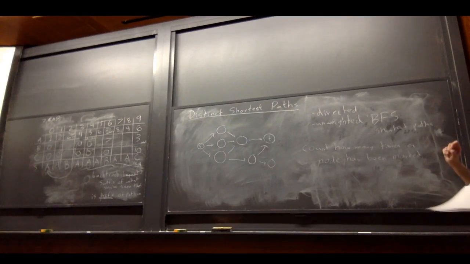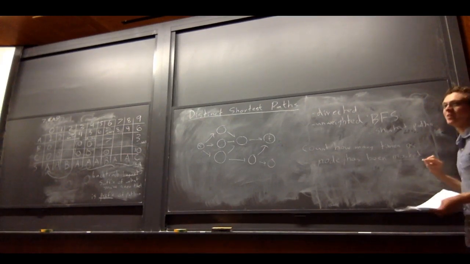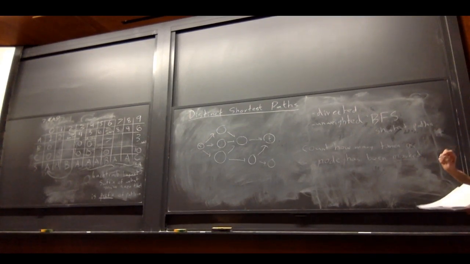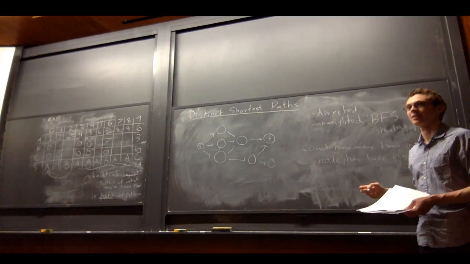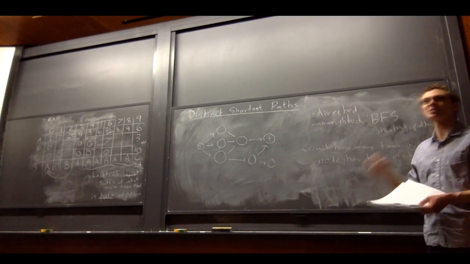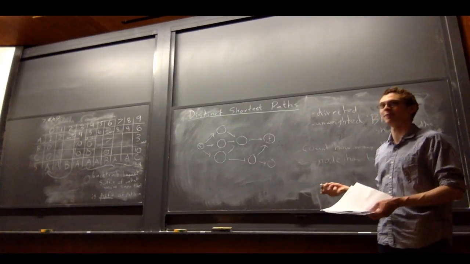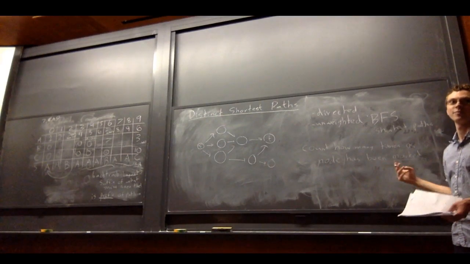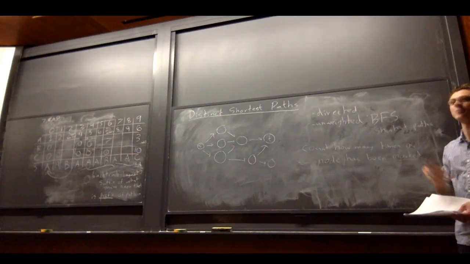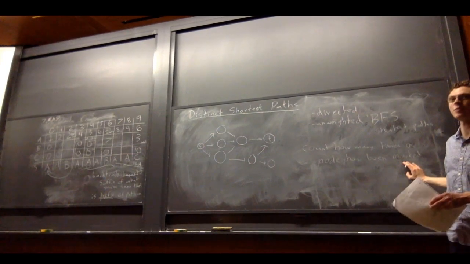Typically when we talk about marking a node, when do we mark a node in BFS? In relation to this queue that we're adding elements to and dequeuing from, when do we actually mark a node? Not when we add it to the queue, when we dequeue it. Right. So we mark a node in BFS whenever we dequeue it.